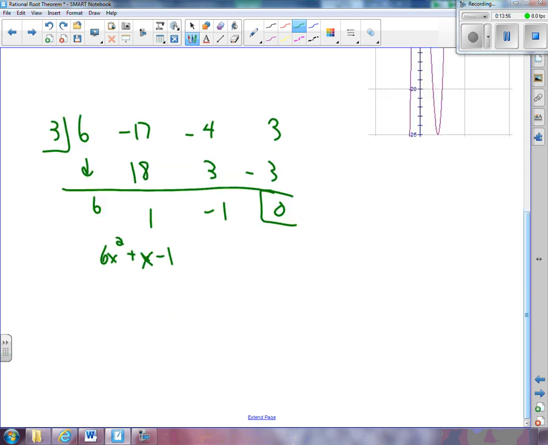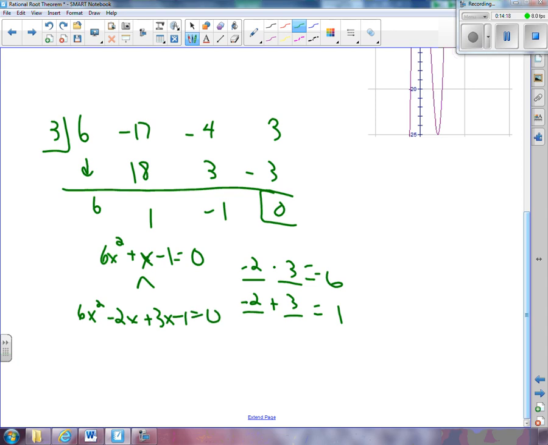Now, if I want to factor this further, I can do it just by looking at it. What two numbers multiply to -6 and add to 1? Those two numbers are -2 and 3. So I can rewrite this polynomial as 6x squared minus 2x plus 3x minus 1, and then factor by grouping. I know that this is a long problem, but you guys are getting smarter, and as you get smarter, the problems get longer and longer.